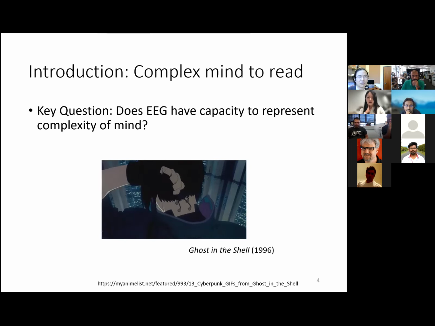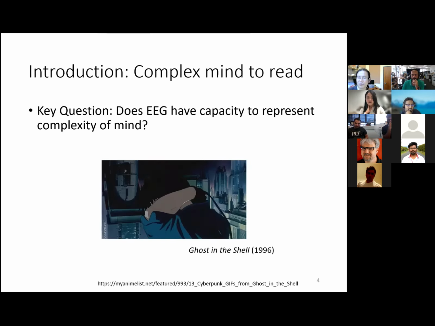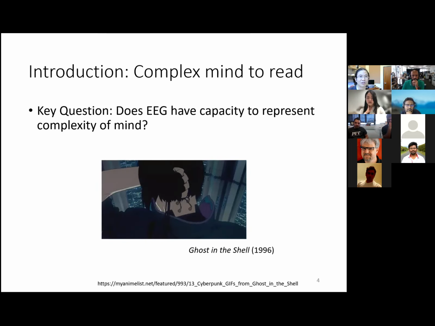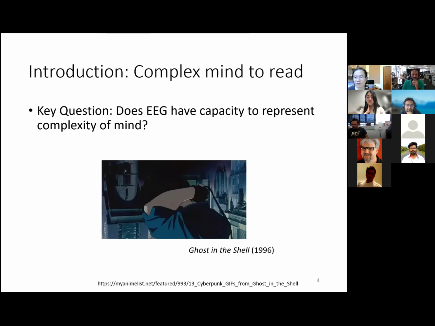In this animation, I'm showing one of the scenes from Ghost in the Shell in 1996. Coincidentally, 1996 is the year my mentor Scott Makeig published the ICA EEG paper for the first time.